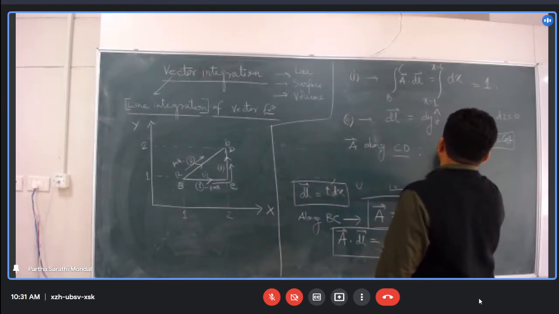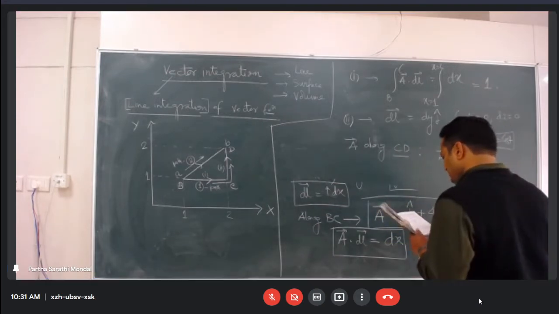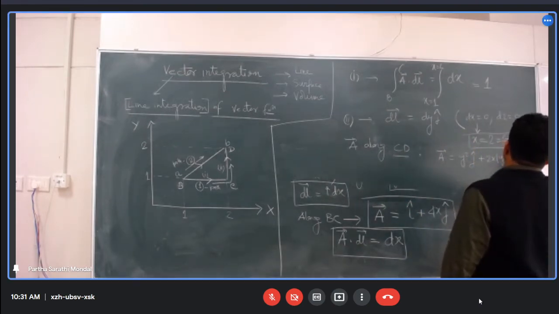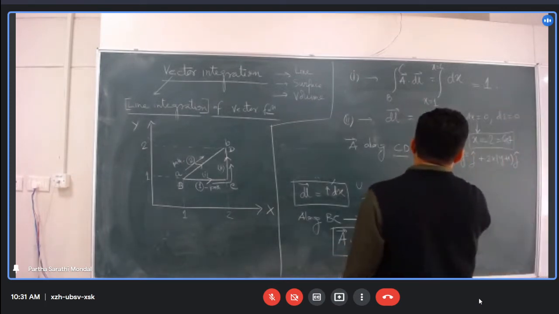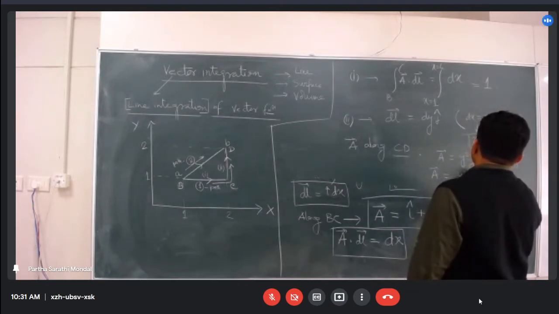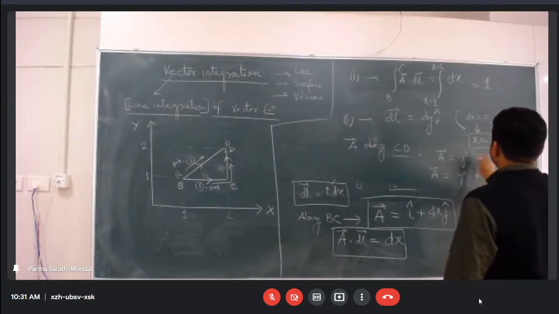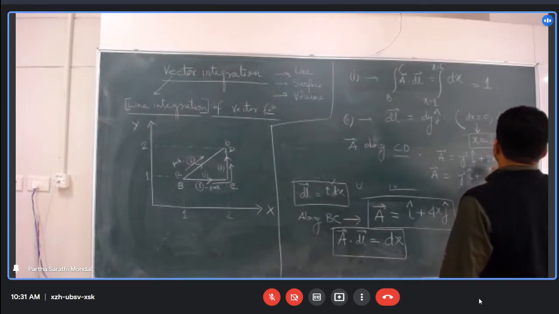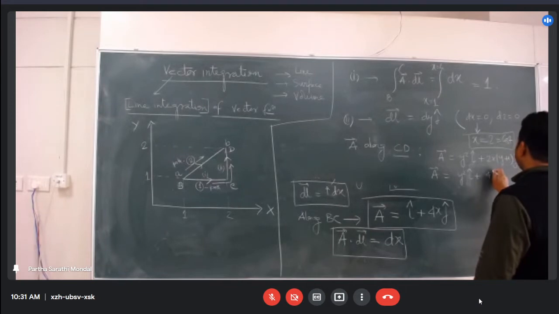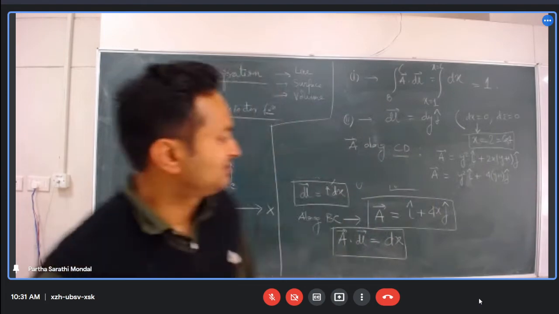A का वैल्यू कितना था बताइए, y स्क्वायर j था प्लस क्या था ये 2xy plus 1 k. 2x into y plus 1 into j. तो बताइए A का वैल्यू कितना होगा, if I put the y value, y square i cap, और ये जो भी है ये तो 4 into y plus 1 into j. तो a dot dl कितना होगा?